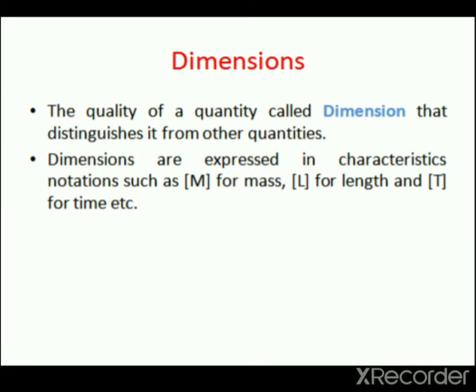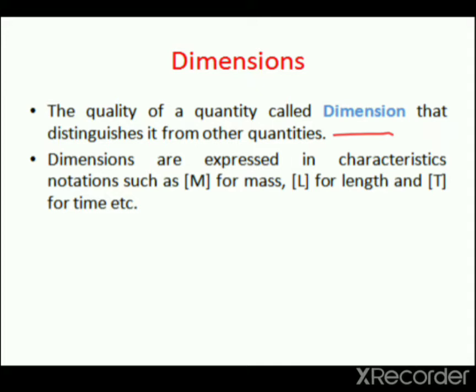First, we will see the dimensions. We have already studied different fundamental and derived units of quantities and scientific notations. In this video, the quality of a quantity called dimension distinguishes it from the other quantities.